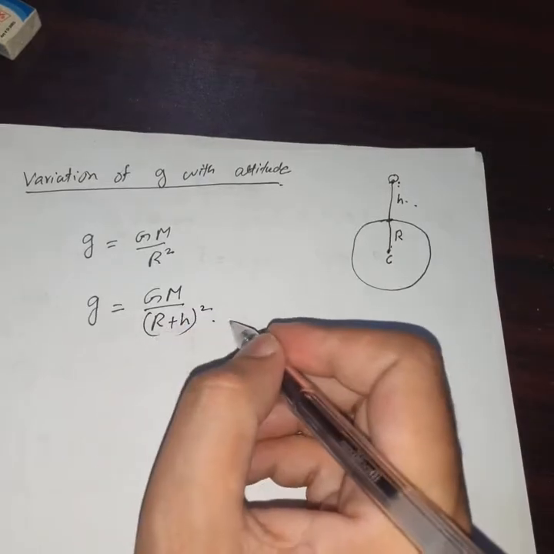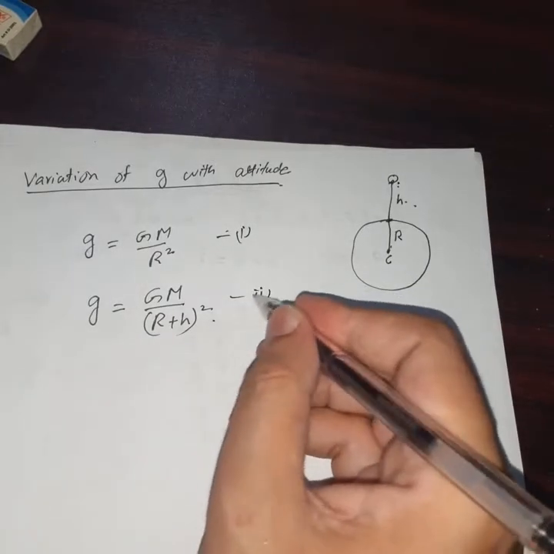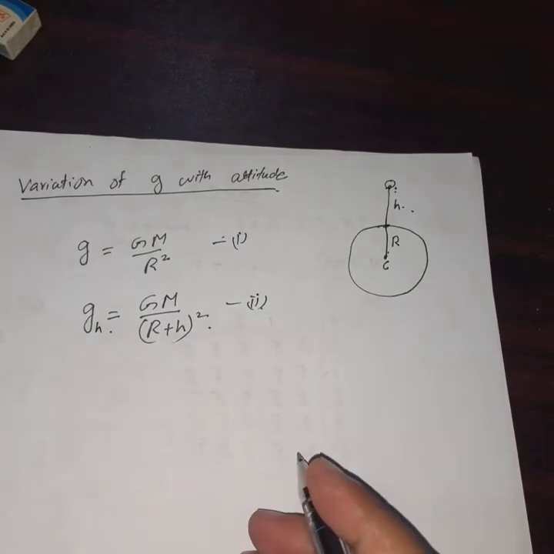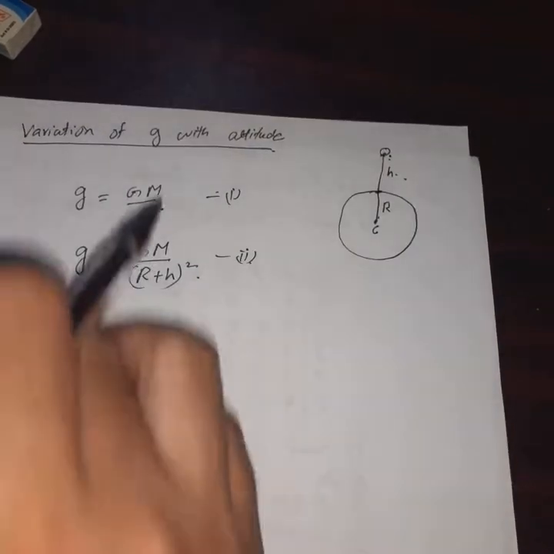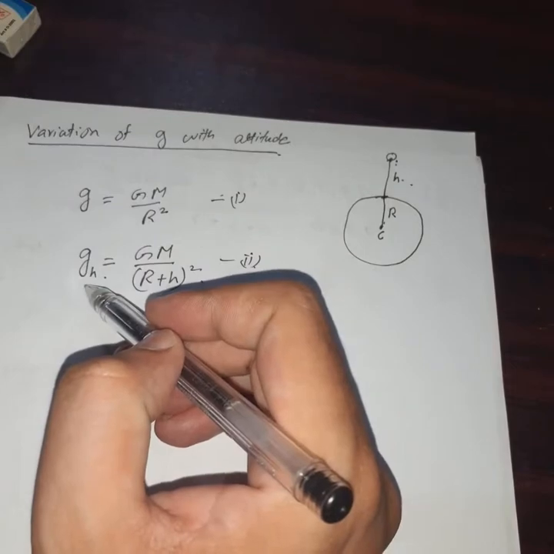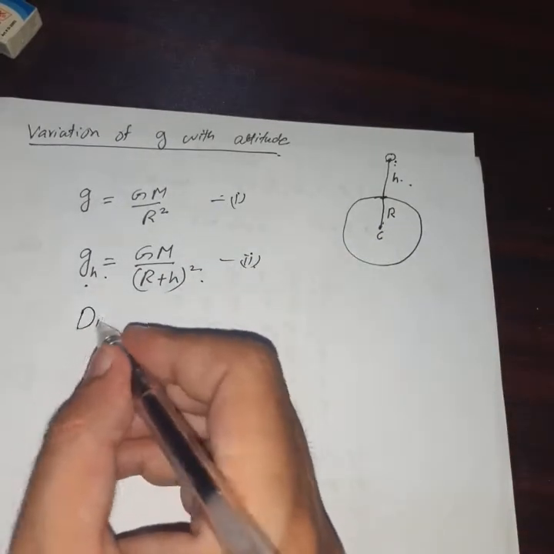Now this is equation 1 and this is equation 2. This is the gravitational acceleration at height h, which we denote by g_h. So now to find the relation between gravitational acceleration on the surface of Earth and at height h, we divide equation 1 and equation 2.